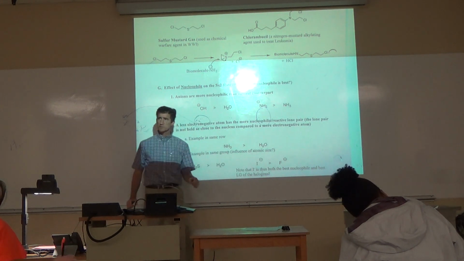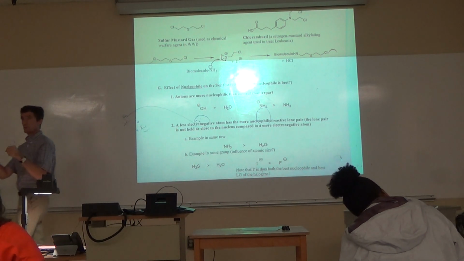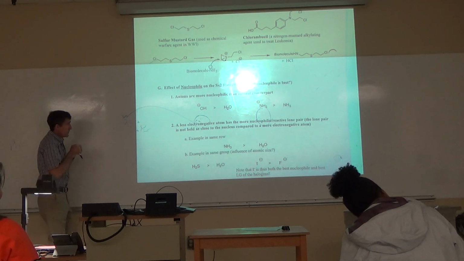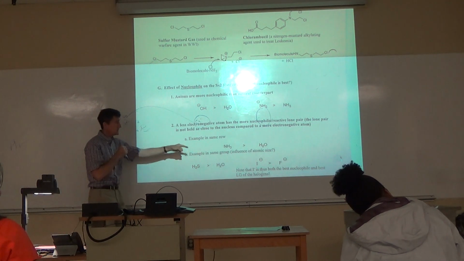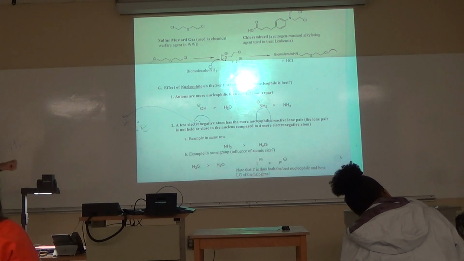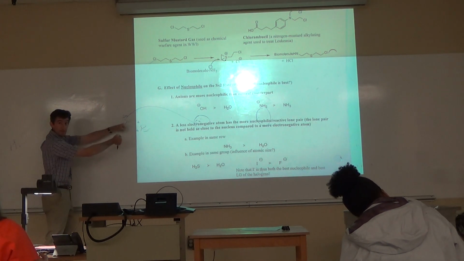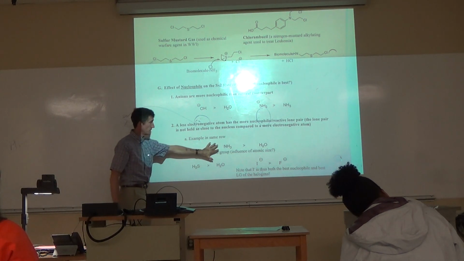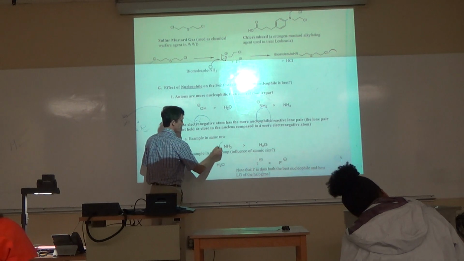But what do we know about oxygen? How does it hold its lone pair? Tighter. And so it's going to be less prone to attacking this. Nitrogen, lone pair down here, okay? It lets its electrons get in here and do backside attack easier. Electrons more available to react, yeah?